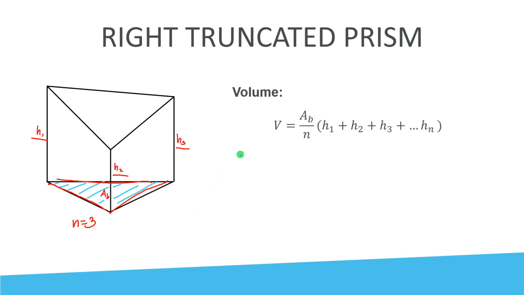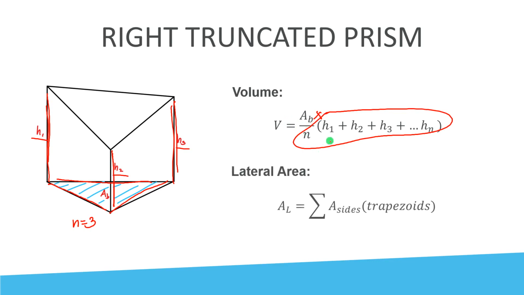Then multiply it by the sum of all the heights from the vertices of the base. In other words, take the average of all the altitudes of this right truncated prism and multiply it by the area of the base. For the lateral area, just determine the area of these trapezoids formed by the lateral faces, so manually compute using the area of trapezoids.